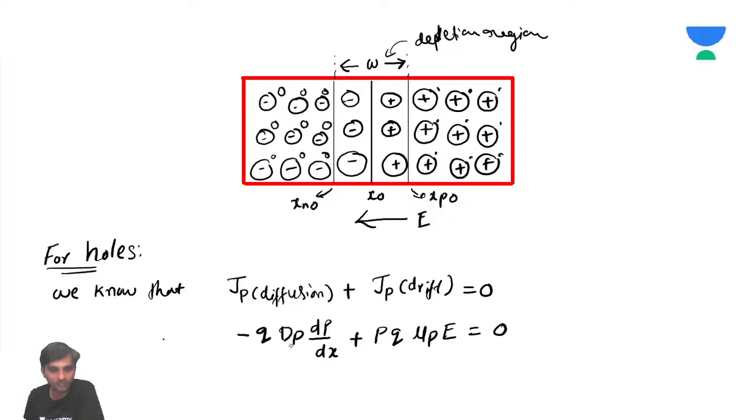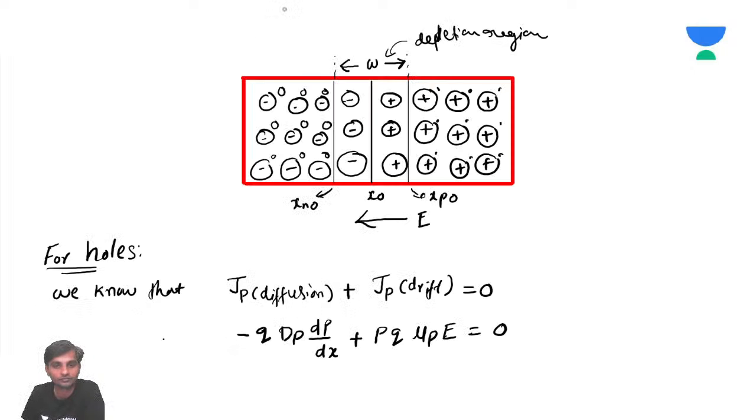So what is D_p here? Diffusion coefficient, and dp/dx is the change in the hole concentration with respect to change in distance. q you already know. p is nothing but the number of holes. mu_p is the mobility. E is the electric field existing.